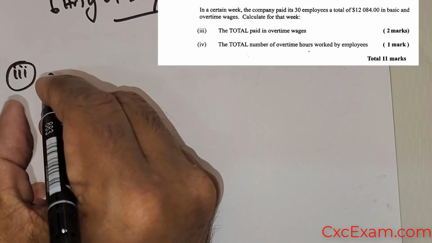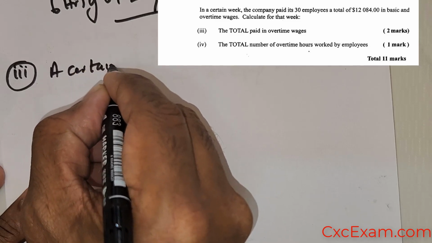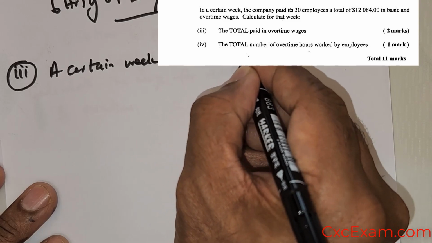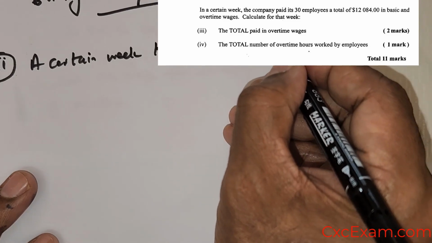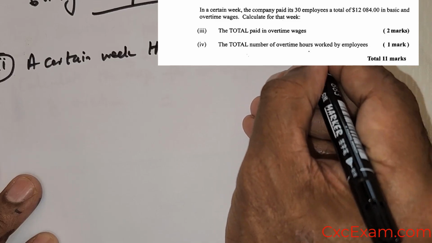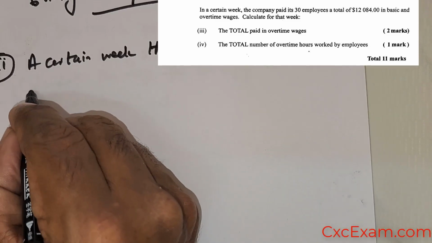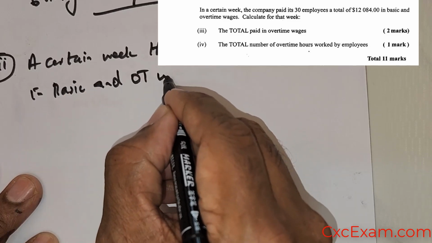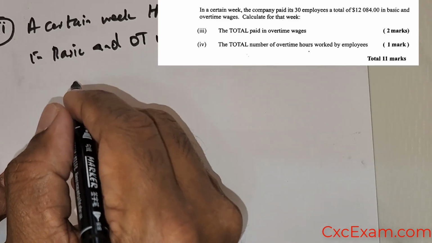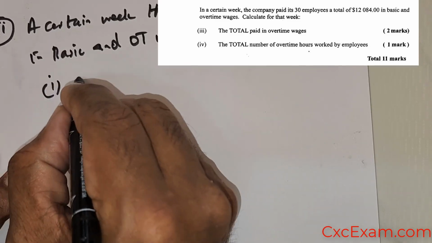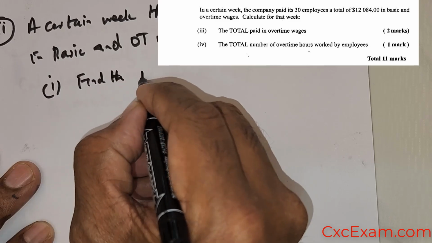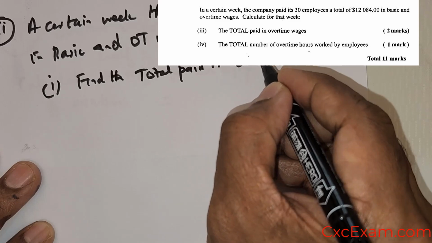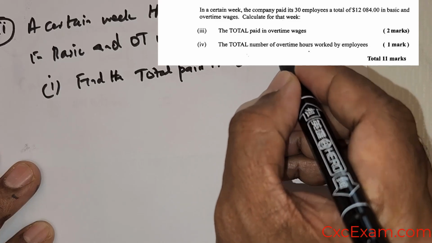Now this is the third part. In a certain week the company pays $12,084 in basic and OT wage. Now we are asked to find the total paid in OT or overtime wages.